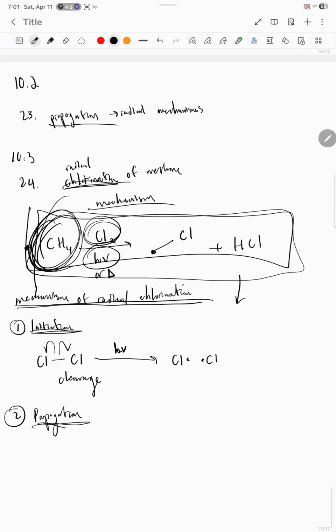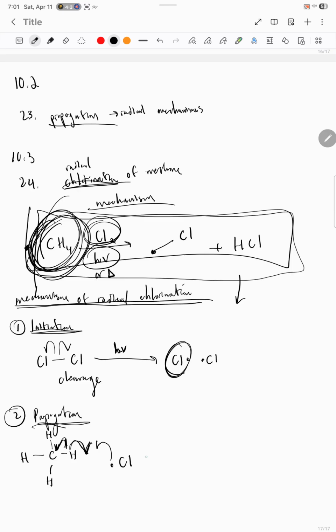Propagation would be this here, let's say CH4. We're going to do abstraction. Abstraction basically means now that we have one of these chlorine radicals, we're going to abstract this hydrogen, snatching away the hydrogen from our starting reactant.